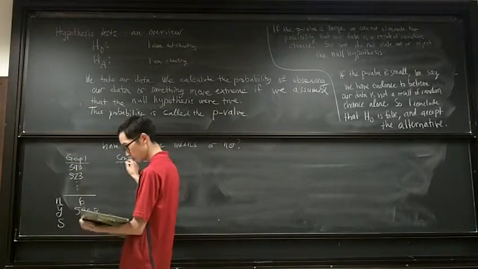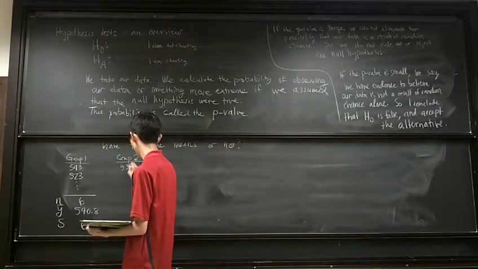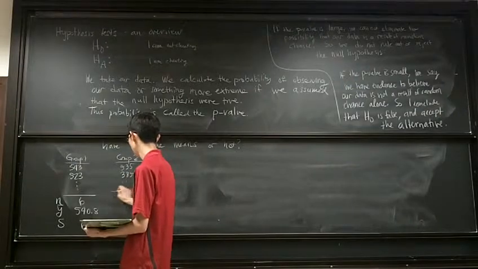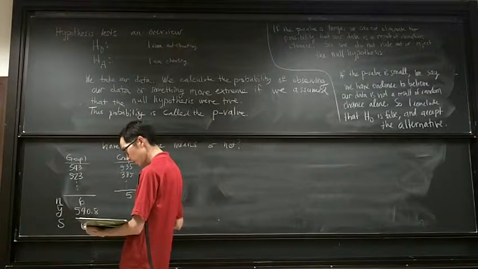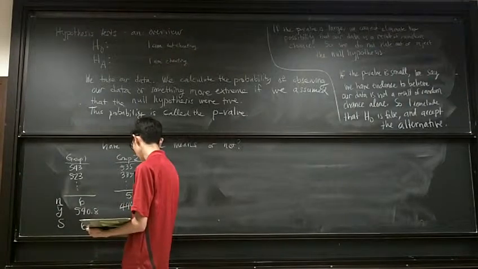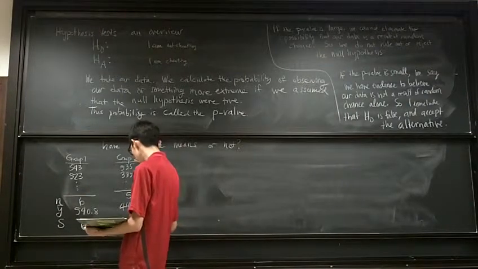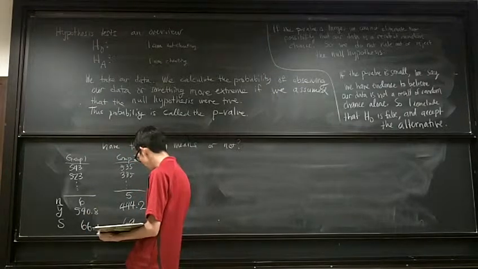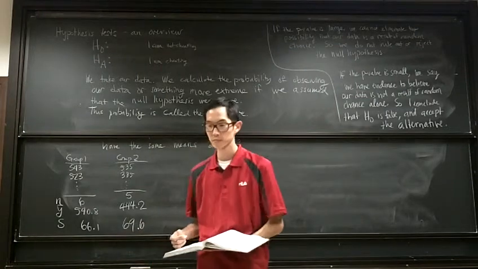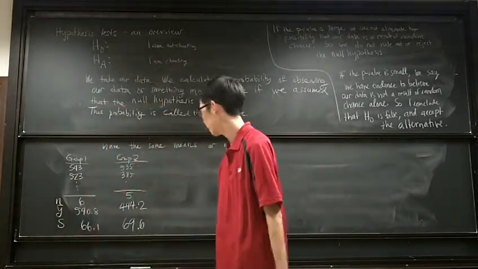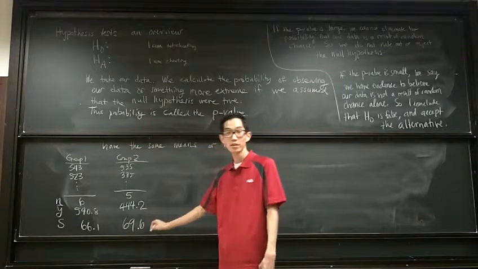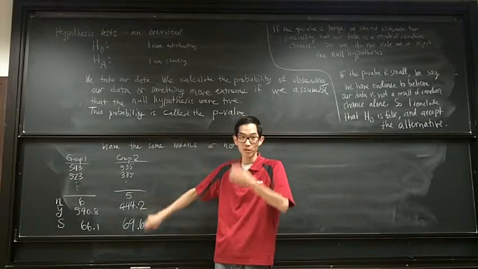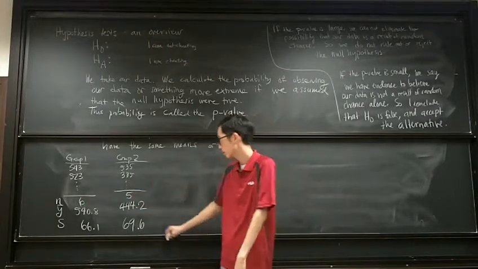Over in group 2, I have 5 values, and the mean of these 5 values is 444.2, and the standard deviation is 69.6. It's nice that the book gives us these, but you could all find these numbers yourself. If you had 5 numbers, you know how to find the mean and the standard deviation.